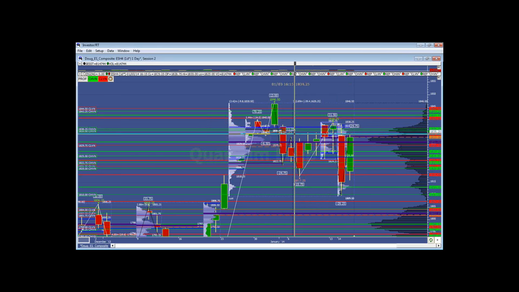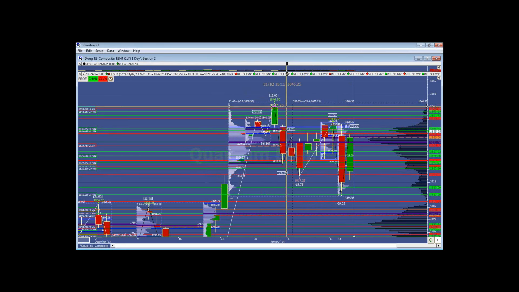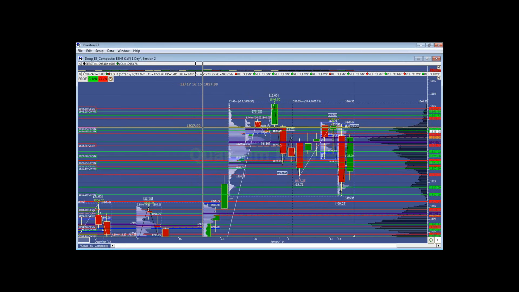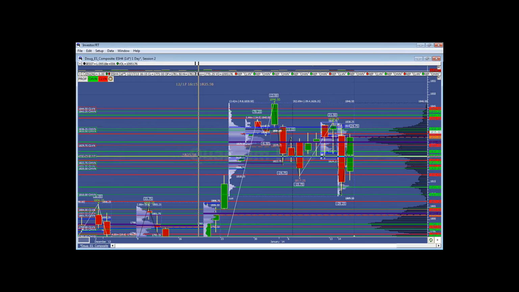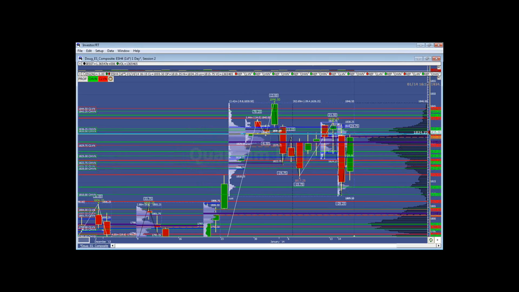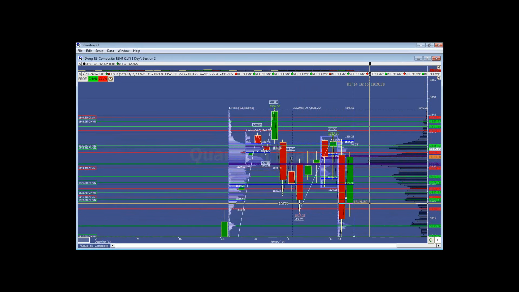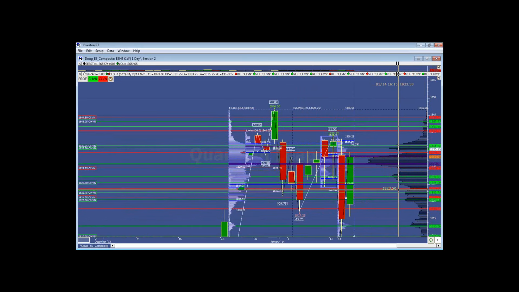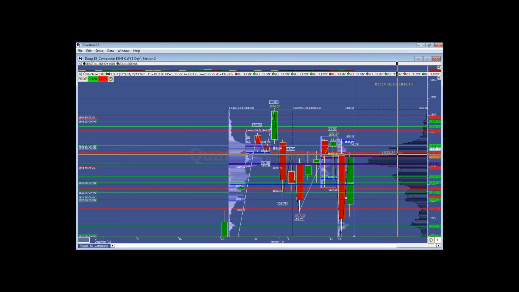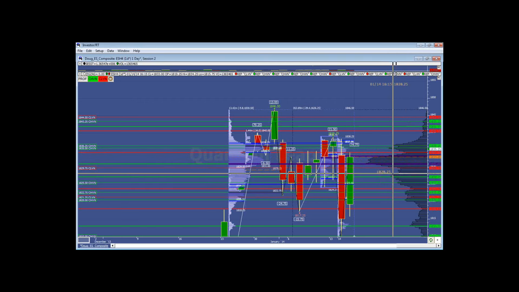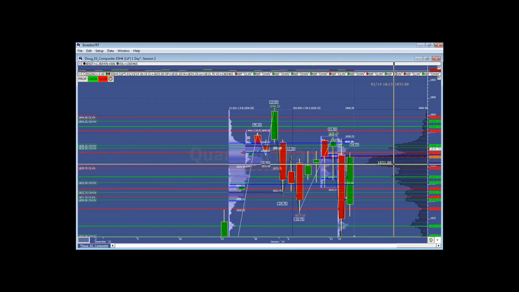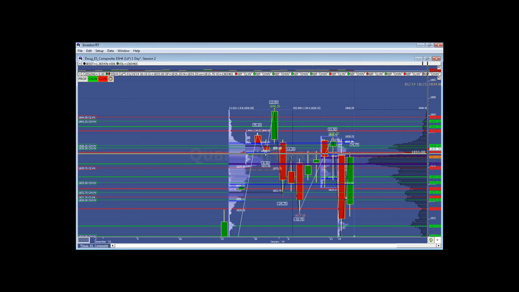So they tried to break out of the value, and the value area high for this whole area is 37, and the value area low is this 25. So I'm really looking at this 23.75 CLVN down here and 34.25 as the two sides of balance around 31, and we're currently trading above this 34.25.